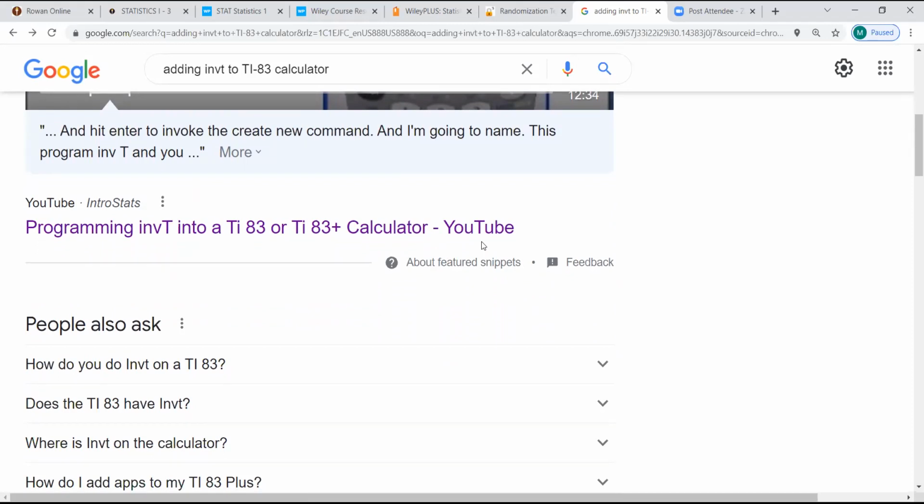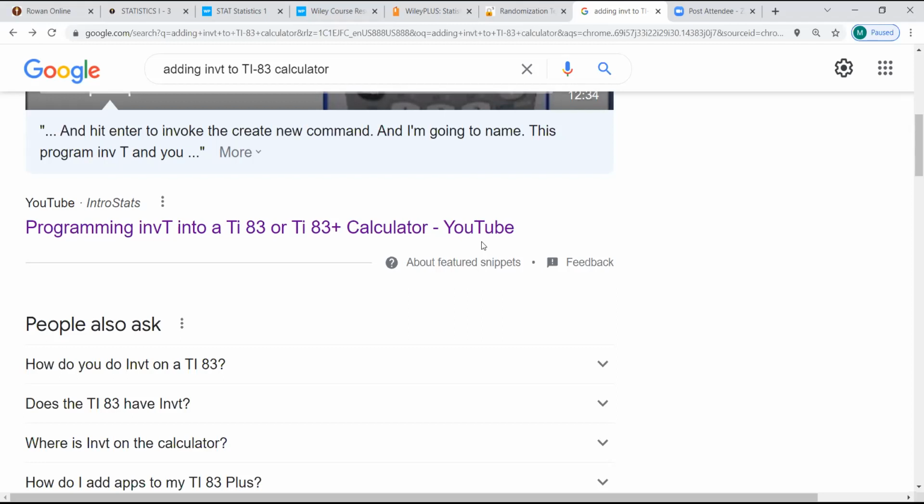But if for some reason you have difficulties with it, make sure you bring your 83 calculators with you on December the 1st, and I'll program it. I'm just going to transfer the program from my calculator to yours. But since there's time, you should probably follow the steps yourself. How long will it take you? 15 minutes. It doesn't take very long.